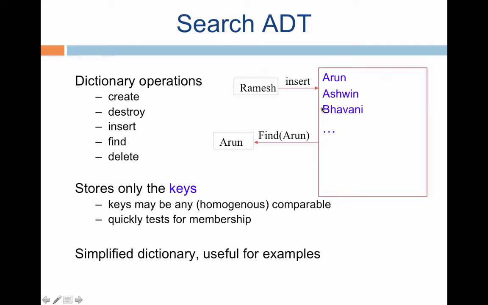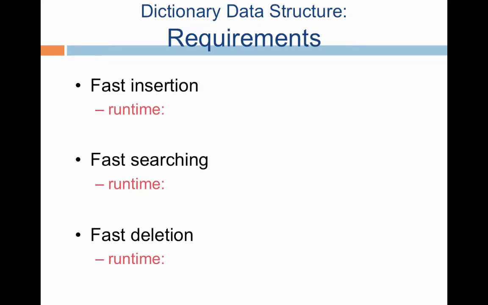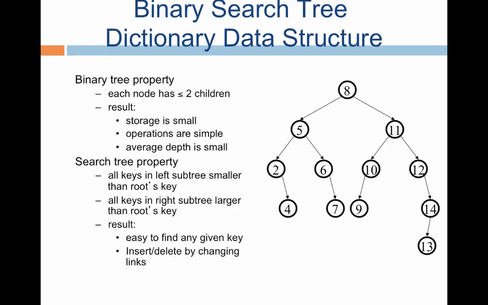Here we are going to focus only on how to store these keys so that we can extract them fast. So we want a fast insertion, a fast query or search time, and a fast deletion time. These are our requirements. Those are the methods, and we want these operations to be done as quickly as possible in an implementation of the dictionary abstract data type.